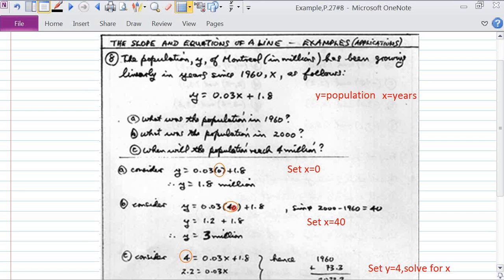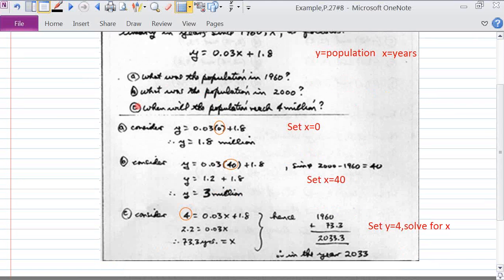Difference between 1960 and 2000 is 40, so we put 40 in here. We multiply 40 by 0.03, and we get 1.2. Now, what we're saying is that each year since 1960, the population is growing by 0.03 million.